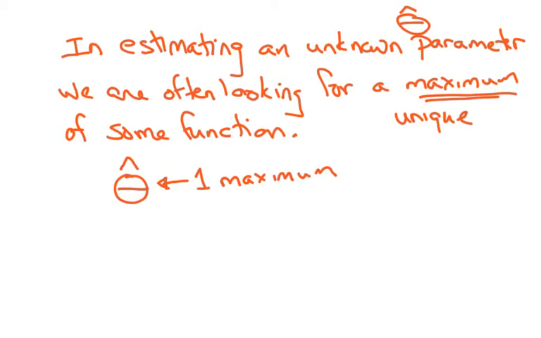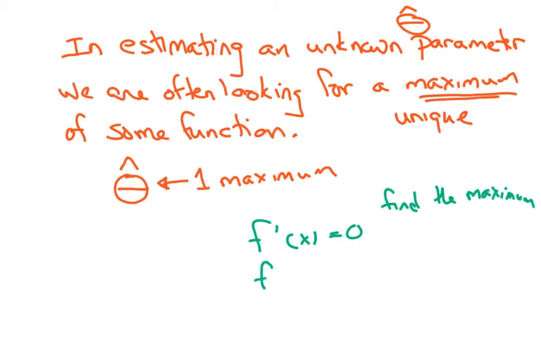So looking for a maximum, you take the derivative and you set it equal to 0. You find the maximum, and then you have to look at the second derivative to tell what's going on with the first derivative. It's like one layer down.